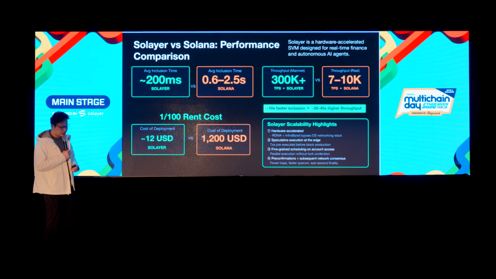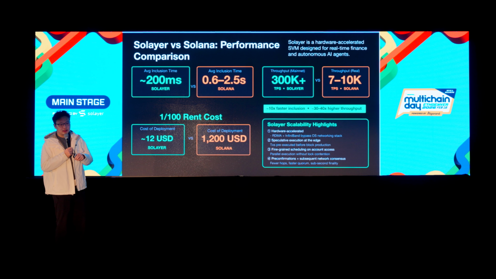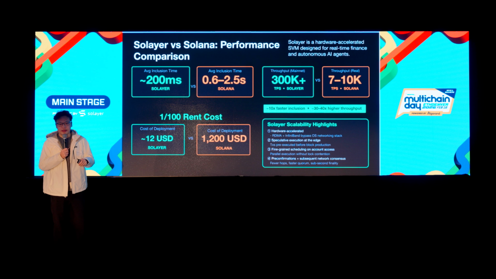So just to give everyone a brief rundown of how Solayer chain is different from Solana. The similarity is that both are running SVM. So whatever program you have on Solana should be ported without any issues or needing modifications, probably a little bit when you deploy it on Solayer.